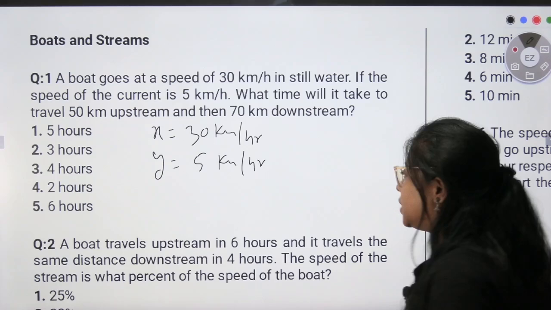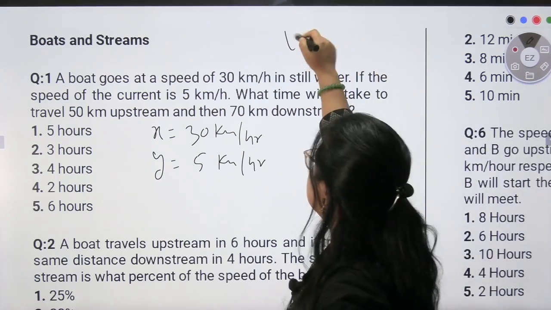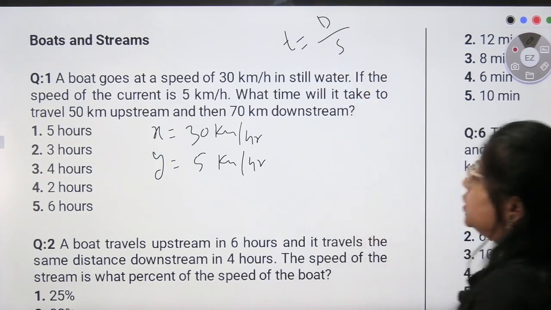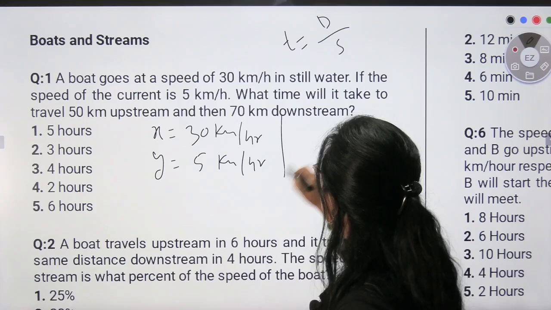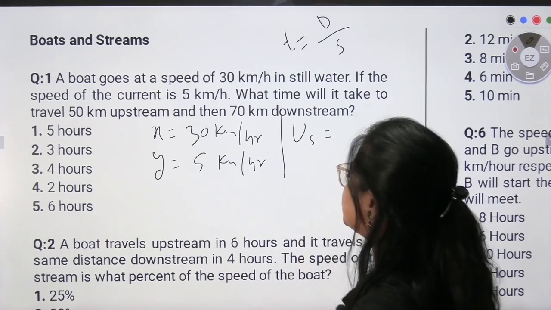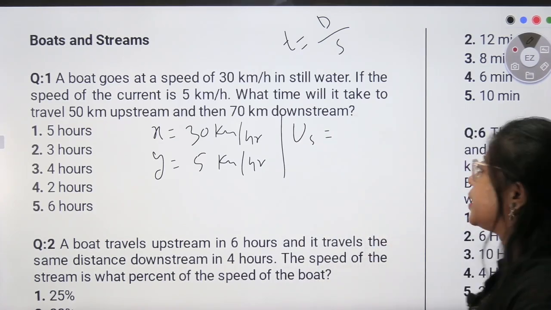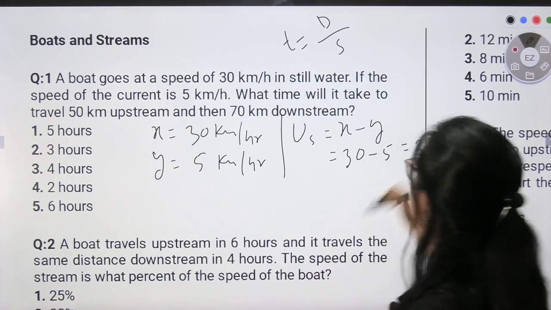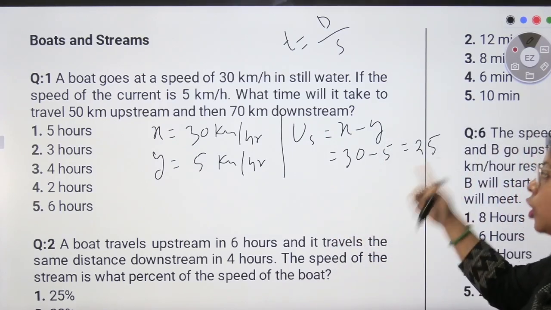What is the formula for time? Time is distance by speed. So what will be your upstream speed? Upstream speed is x minus y, so 30 minus 5, that means 25 km per hour.